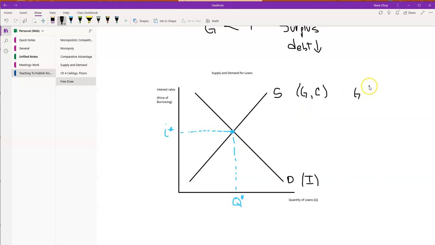So if the government deficit increases, then what that's going to do is it's going to make the supply line shift to the left. When the supply line shifts to the left, through market equilibrium forces, you're going to notice that we go from supply 1 to supply 2, and there should be an increase in the level of interest rates.